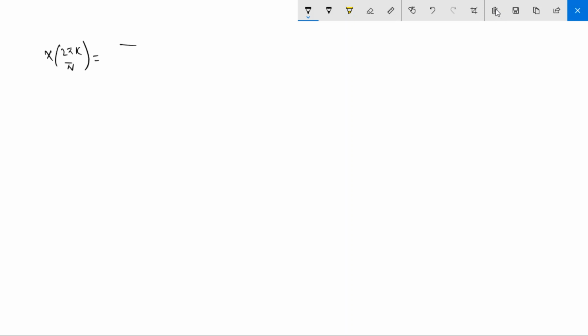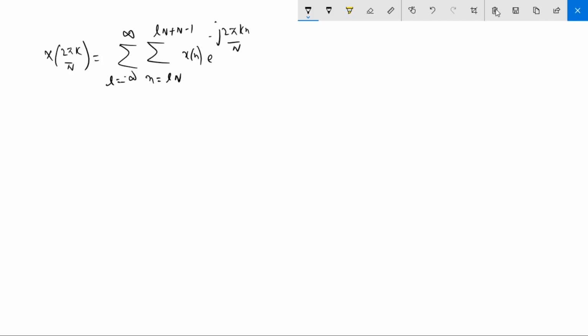I have written it as a double summation, one for l from minus to plus infinity, and n from ln to ln plus n minus 1, x of n e raised to power minus j 2 pi k n by n.